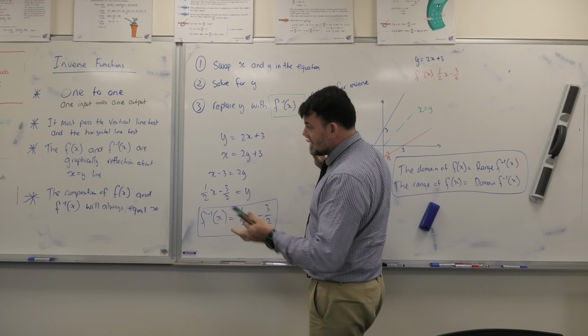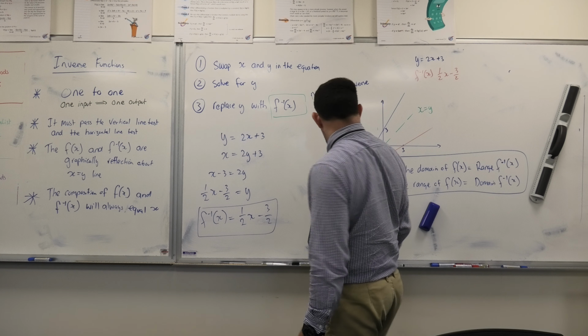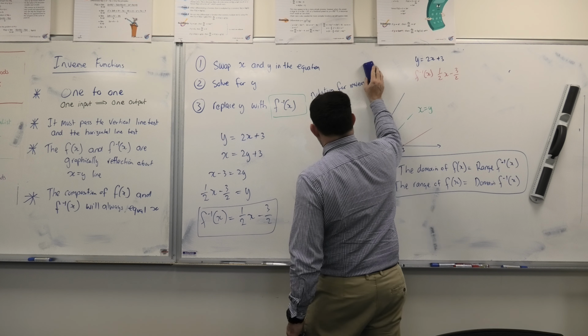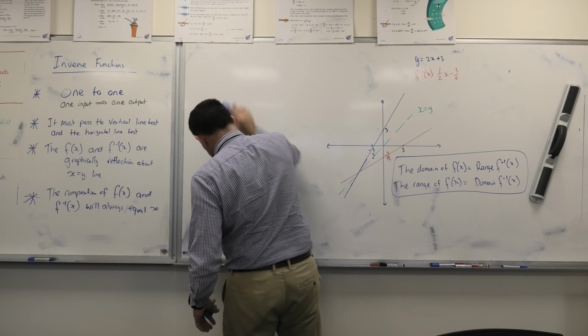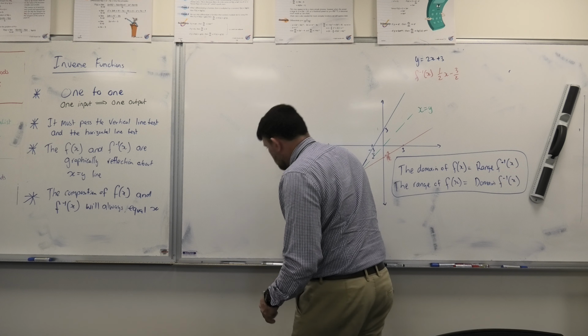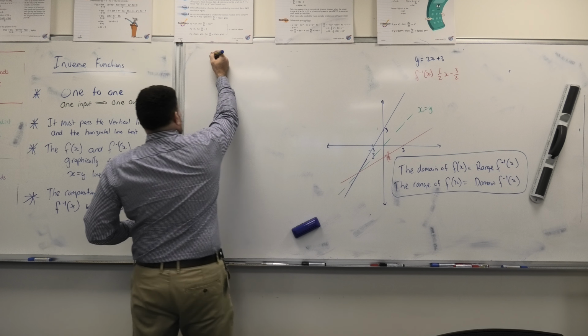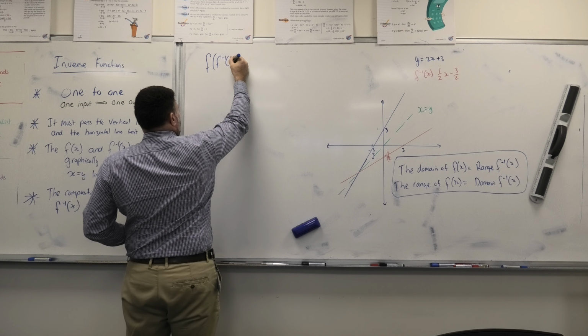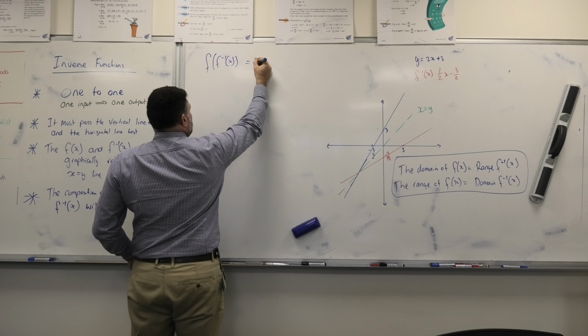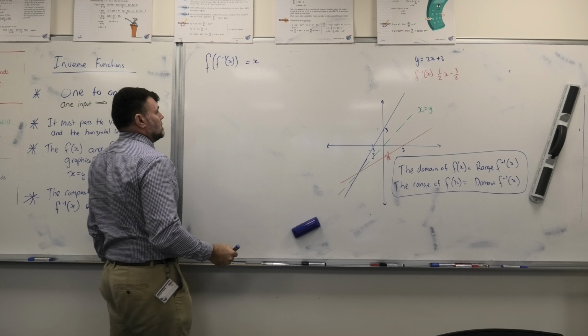So let's test this and see if that works. Let's test that composite function. So what do I mean by composite function? Well, if I had f of f inverse here, that should equal x.